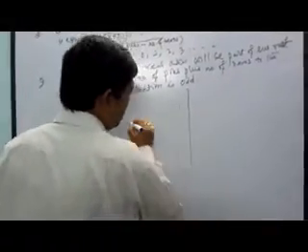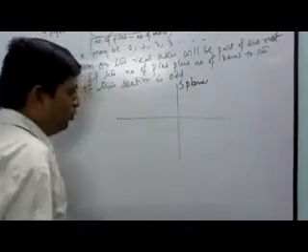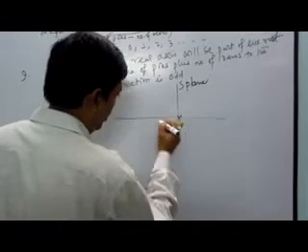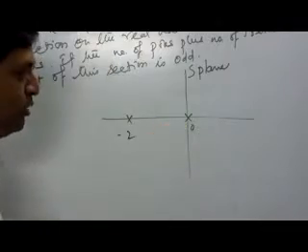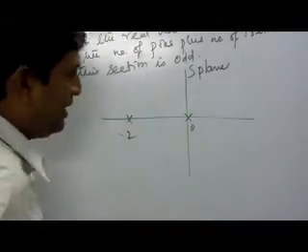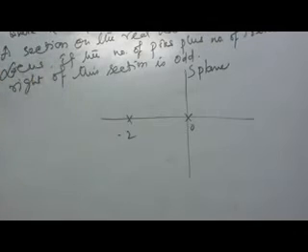Now suppose this is our S plane and two poles are located, one at 0 and another at -2. So the root locus which starts from 0 terminates at infinity. Whether it will go towards left or right is determined by this section analysis.